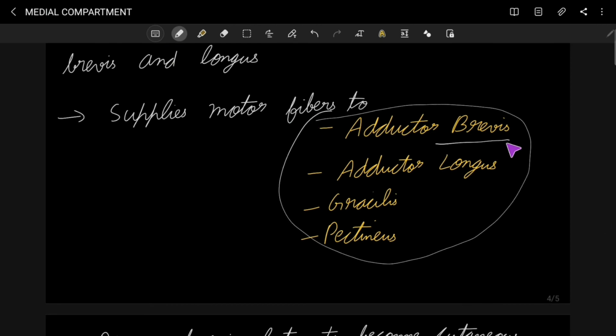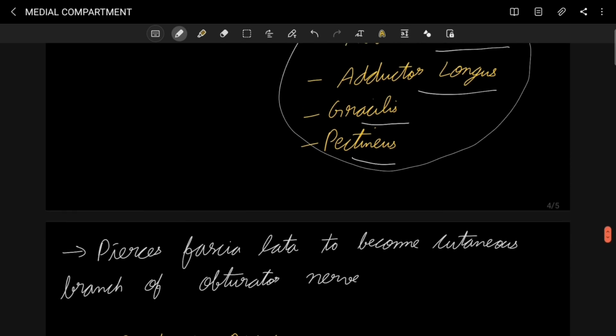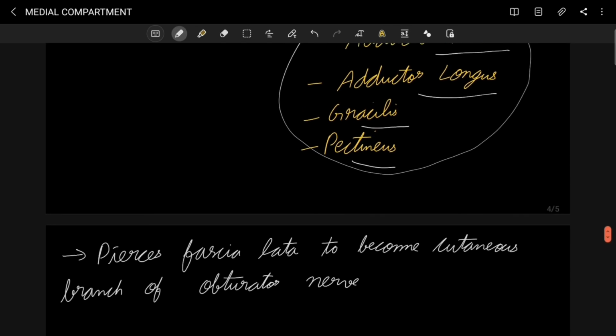Adductor brevis, adductor longus, gracilis, and pectineus. Most of the muscles of the medial compartment are supplied by the obturator nerve. This then pierces the fascia lata and becomes the cutaneous branch of the obturator nerve.